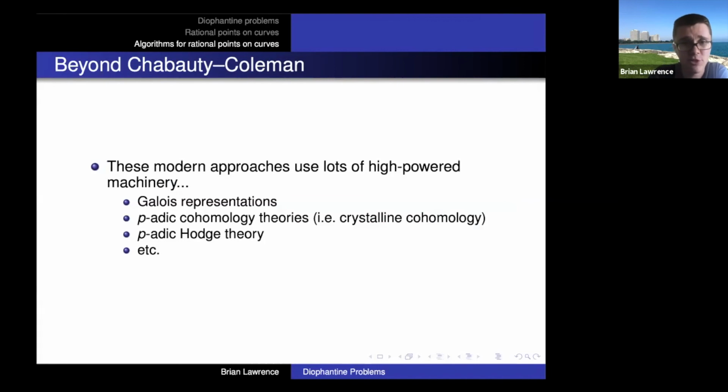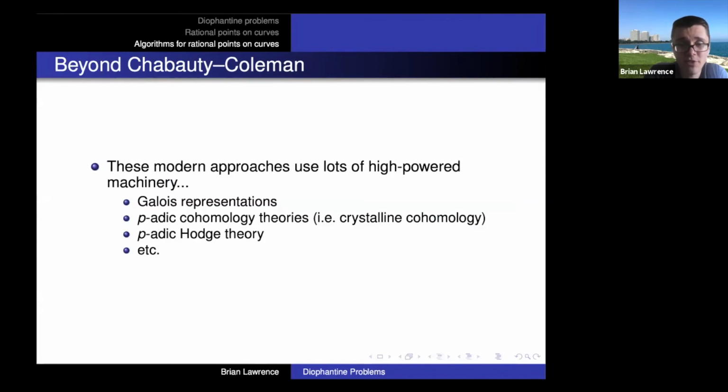I'm almost done. I just want to say, this is a colloquium, so I don't want to say anything too specific here. But what goes into this more modern work of Kim and my work with Venkatesh and this potential algorithm? There's a lot of high-powered machinery.